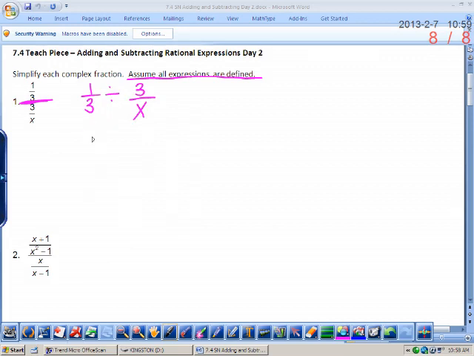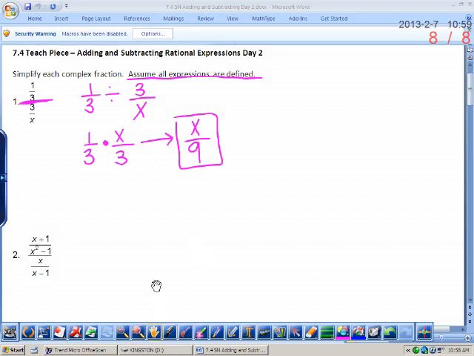Okay, keep the first, change division to multiplication, and flip the second. So what do we end up with? Okay? The idea is that you've got to be able to envision what's being divided by what, so that then you can deal with it. Okay?